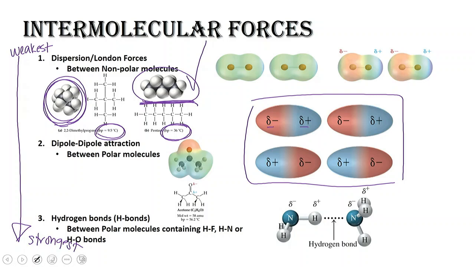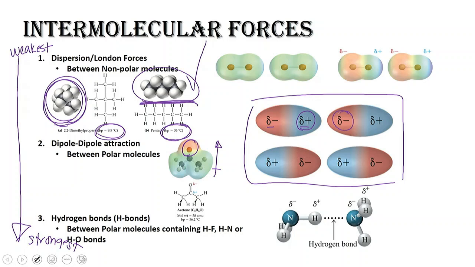An example of that is acetone, where I've got this oxygen up here, and it's giving me this polarity in this direction. So that molecule always has a slight positive and a slight negative end. So these molecules will line up slight positive to slight negative. And those are dipole-dipole interactions.